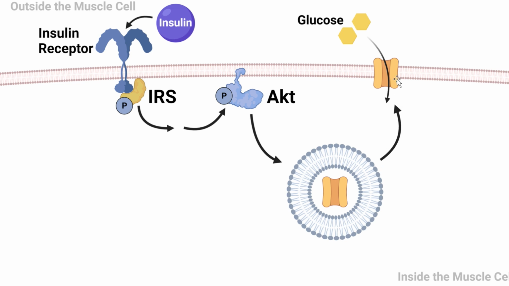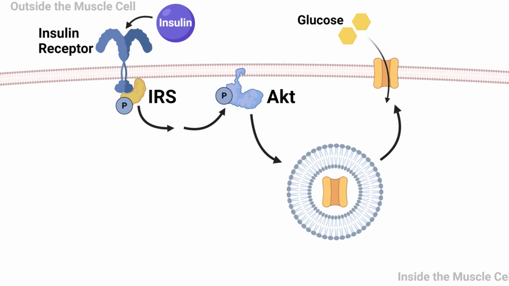And then once they're promoted up to the cell surface, they integrate themselves into the cell surface, kind of creating pores for the blood sugar then to enter. So this then drops blood sugar. And that is the insulin cascade in a very simplistic molecular sense.